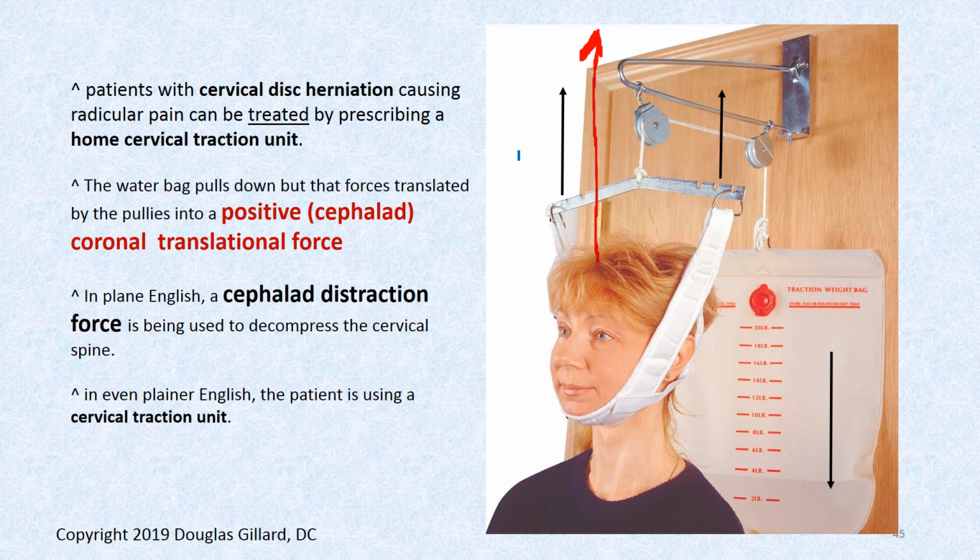Well, it's going toward the head, so it's cephalad, and we always view in the coronal plane, so it's a coronal cephalad translation, or a positive coronal translational force, if you will. Or just a distraction force, a cephalad distraction force. In plain English, you're going to give them a cervical traction unit, and it's a cervical distraction, which is understood.